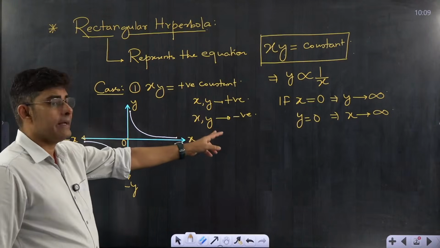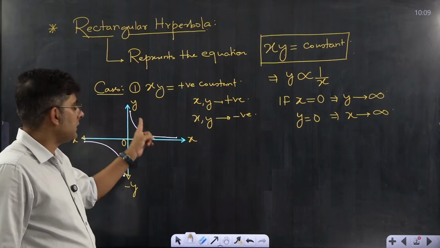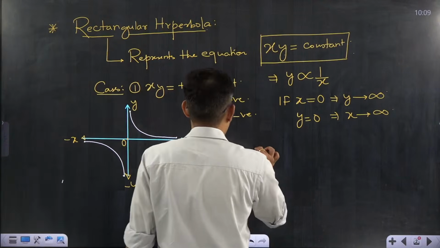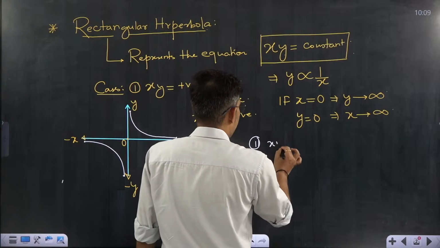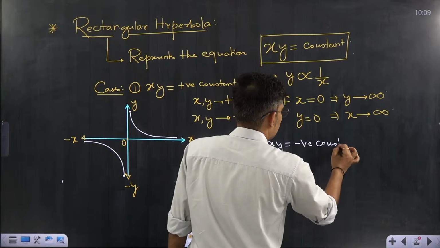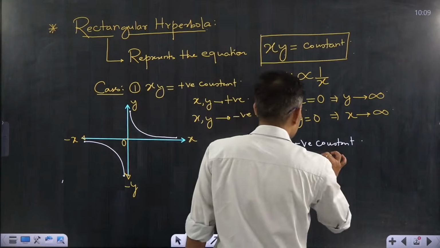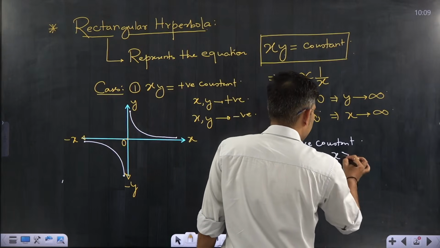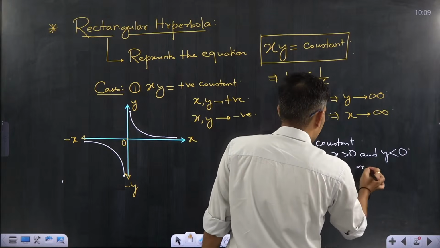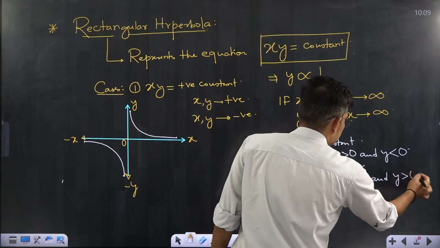Now if both are negative, then also it is correct. Both are positive, then also it is correct. So this graph will not touch the x and y axis. Second possibility is if the product xy is a negative constant. Now if it is a negative constant, that means the product is negative, so the possibilities are x positive and y negative, or x negative and y positive.